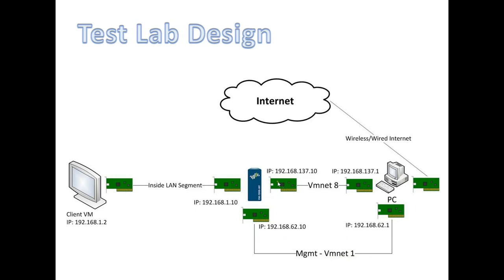There will be one interface for the external facing, Palo Alto external facing or external network. This is basically your internet connection on Palo Alto Firewall, and you can see that your PC will be used as a router, as an internet edge router. So this is basically your outside network of Palo Alto Firewall.